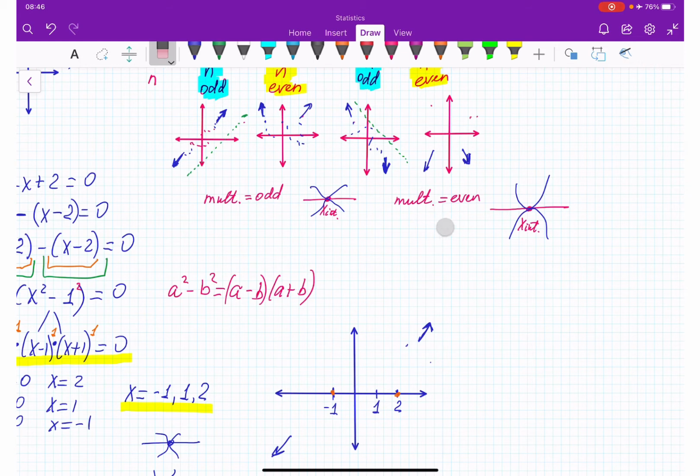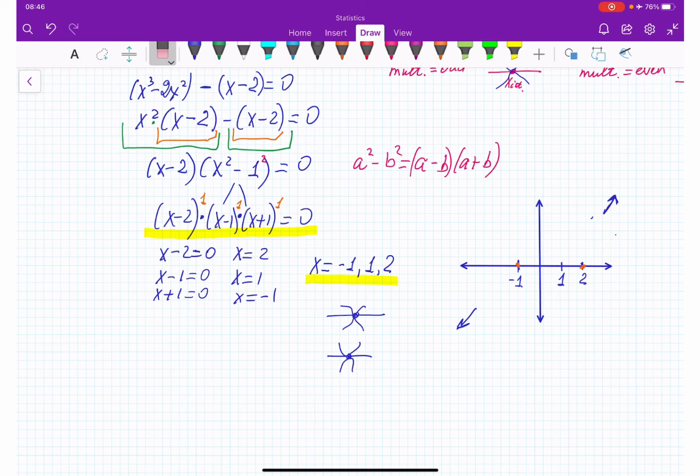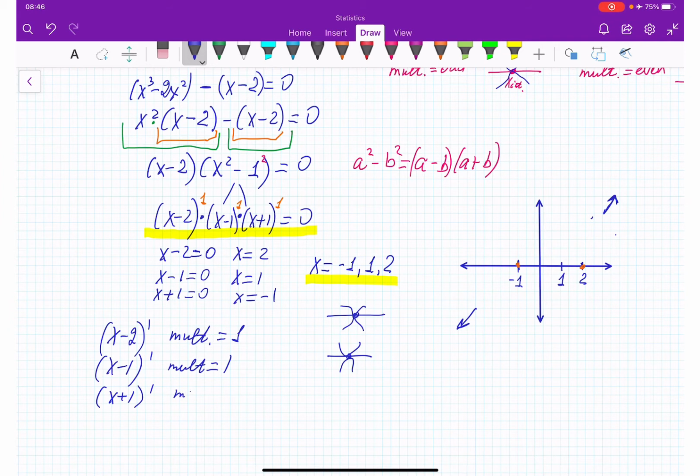Now, in our case, we have x minus 2, degree 1. Let me write down: x minus 2, multiplicity is equal to 1. x minus 1, multiplicity is equal to 1. And x plus 1, degree 1, multiplicity is 1, which means all three are odd.